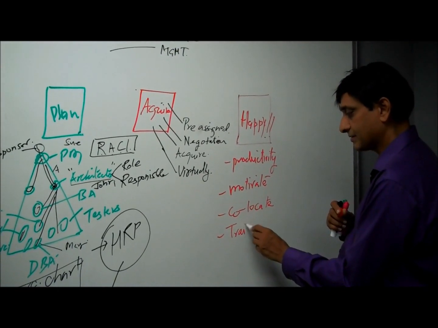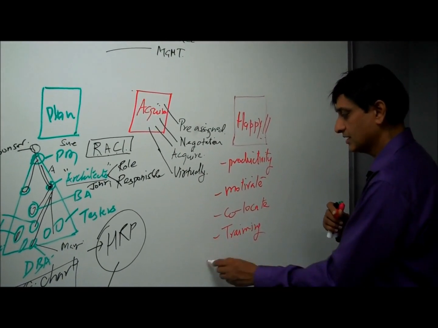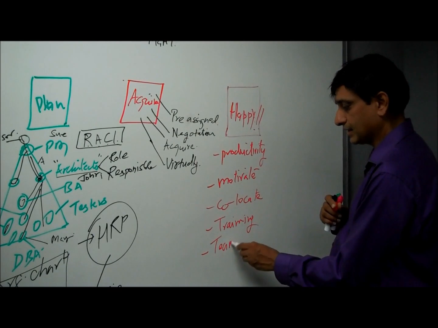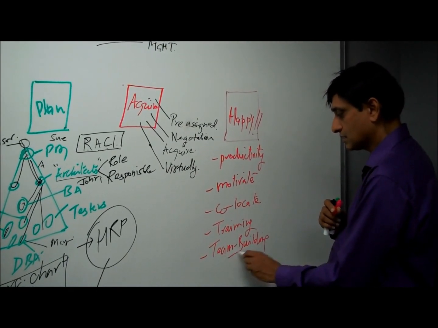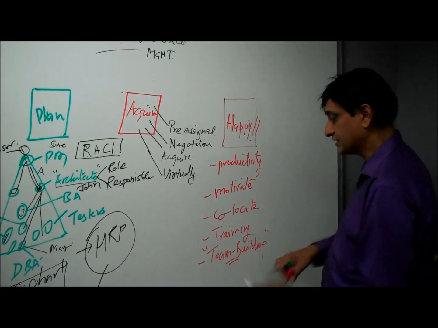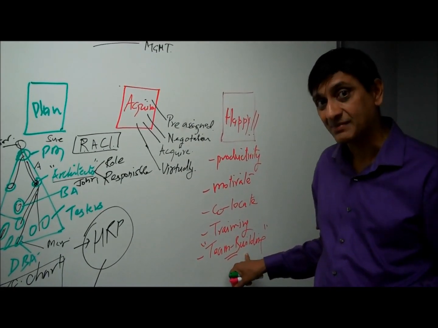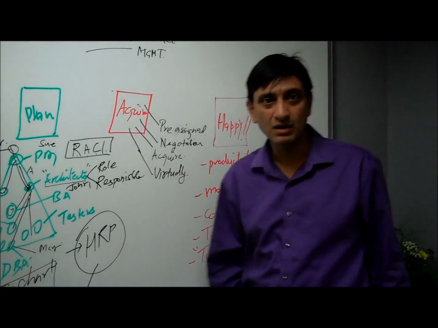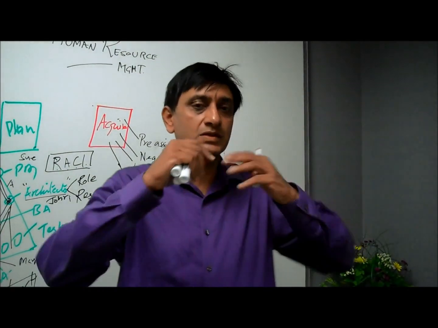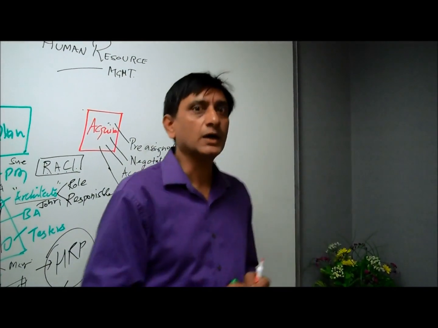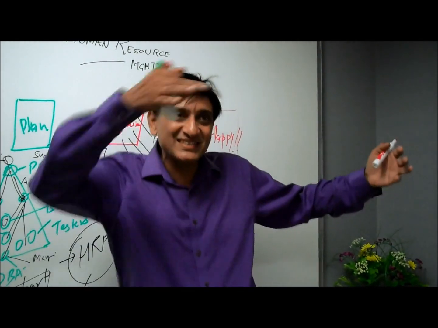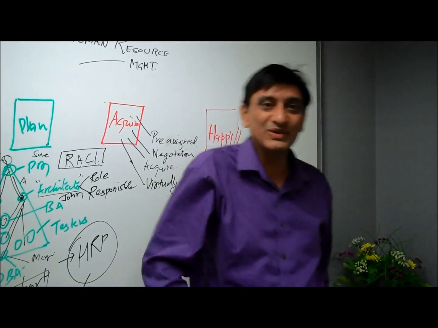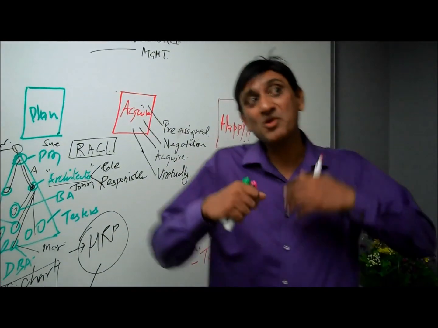Provide them training. Now PMP also talks about team building, which is a lot of effort that should be spent by the project manager depending where the team is, and build that team. Now Tuckman has given this model about forming, storming, norming, performing, and adjourning. So these are 5 different stages a team goes through to be more productive.